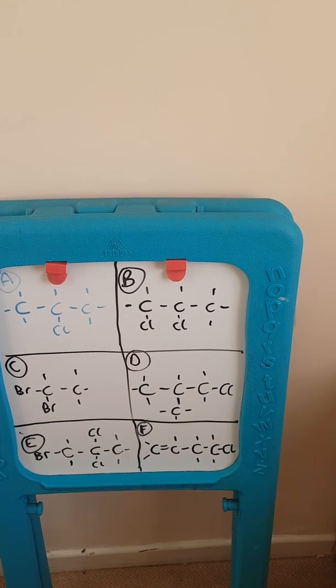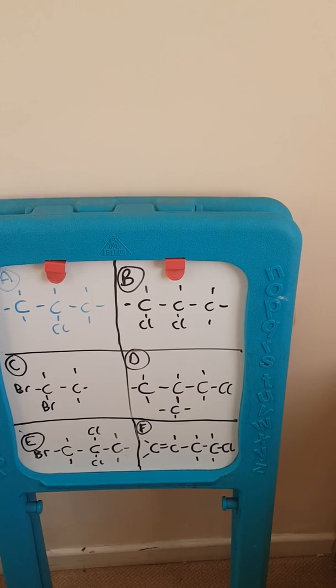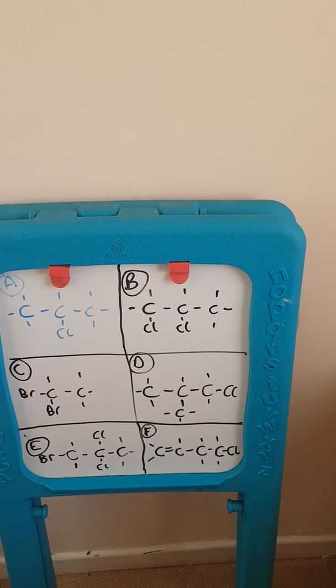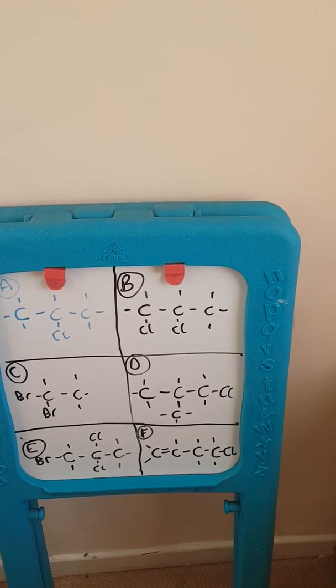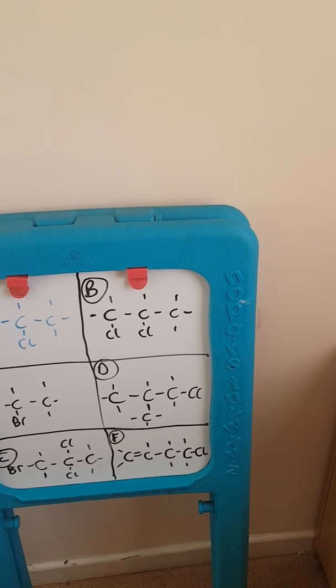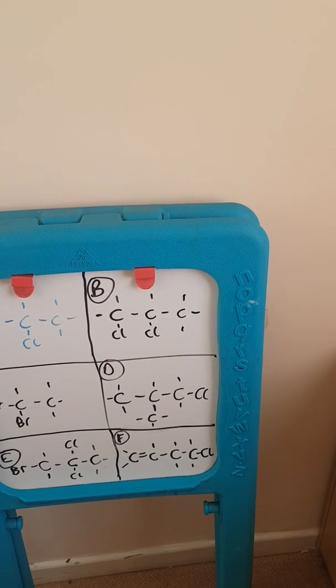When naming E, when you have 2 or more different halogens attached to an organic compound, you list them in alphabetical order. So bromo comes before chloro. On F, you've got a double bond and a halogen on the same compound.